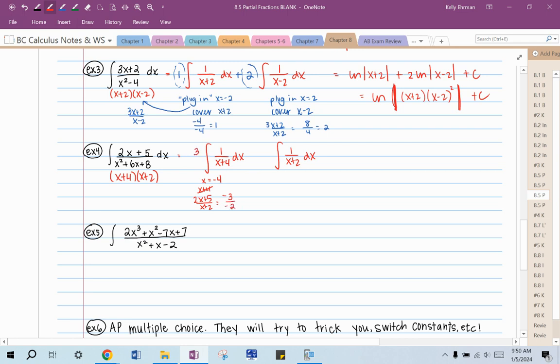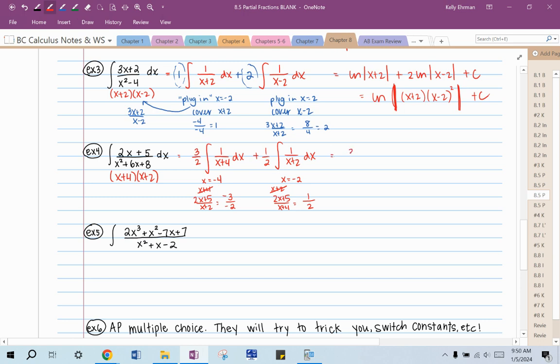So I get positive 3 over 2. For this one, I'm going to be plugging in x equals -2. That means I'm going to have to cover the x plus 2, and I'll be left with 2x plus 5 over x plus 4. So plug -2 into that. -4 plus 5 is 1. -2 plus 4 is 2. So we get plus 1/2.